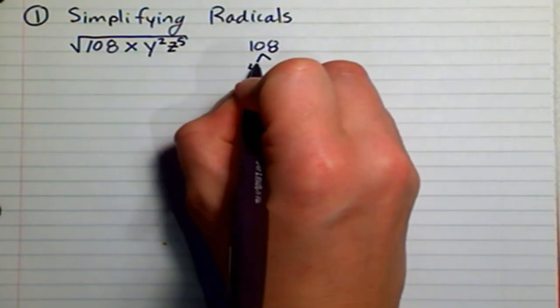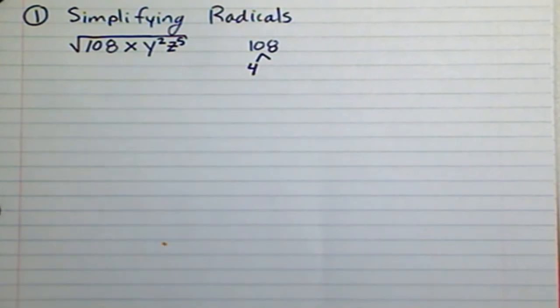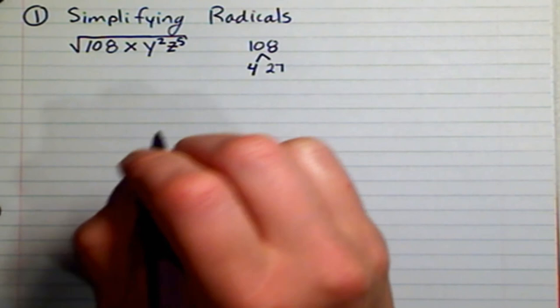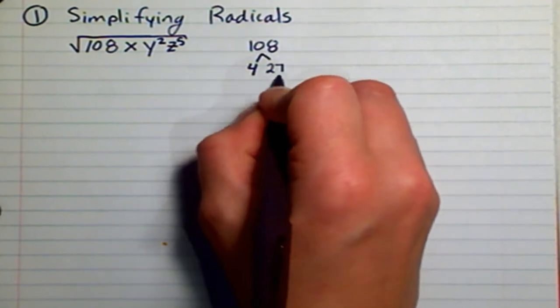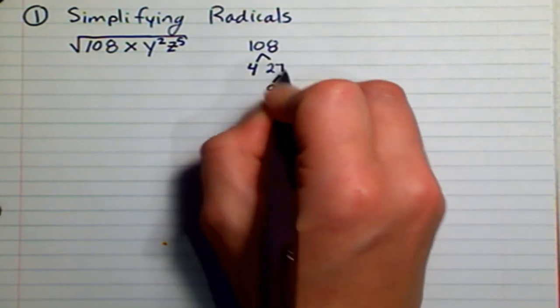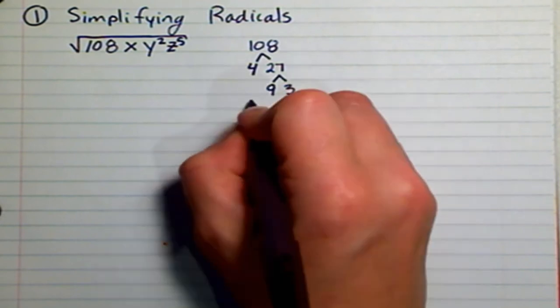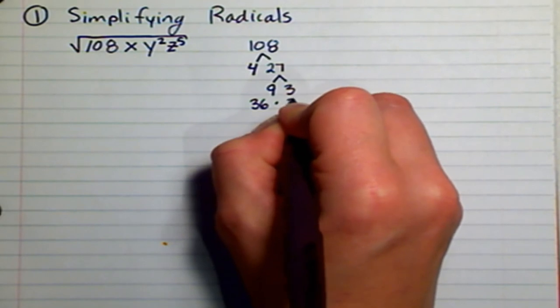Now, I'm pretty sure the first perfect square that I notice is 4, so I'm going to divide. That's 25, that's 27, and I know that another perfect square in 27 is 9. Notice that 4 and 9 together make 36.